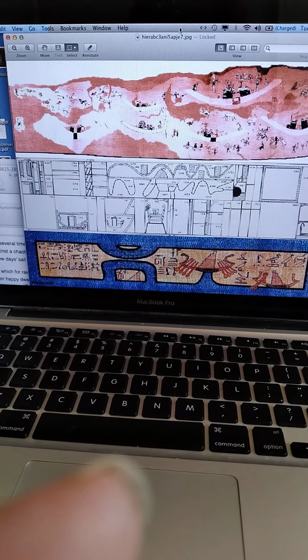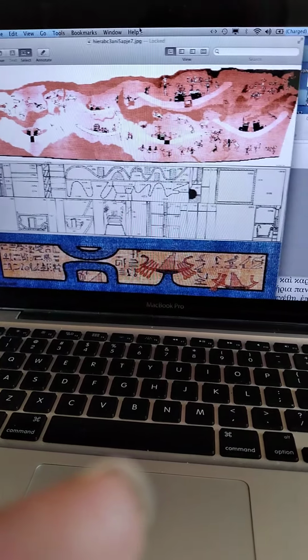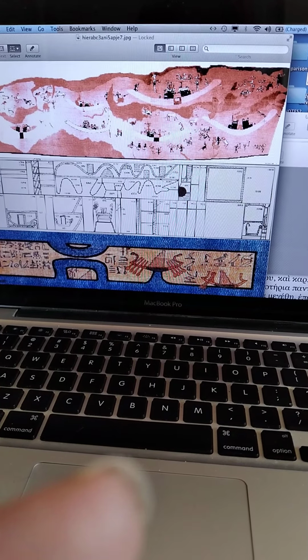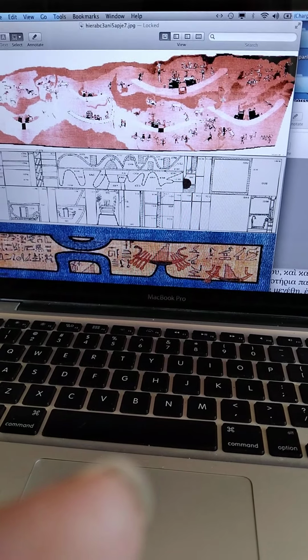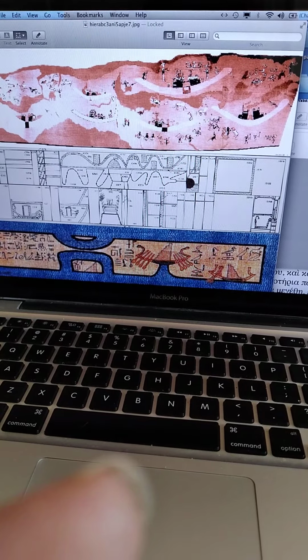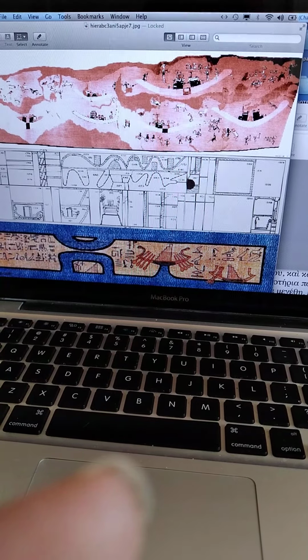So this shows the influence of this tradition. You can see these boats. I flipped it around for this, to have it like a bird's eye view.